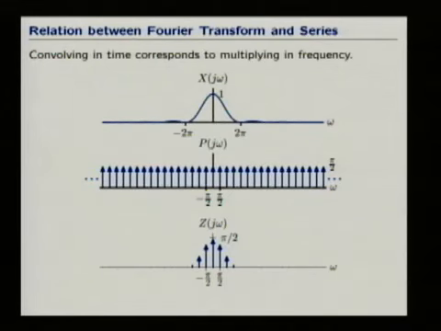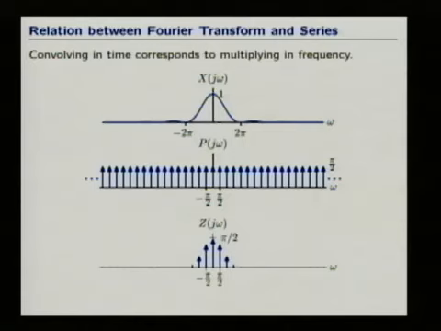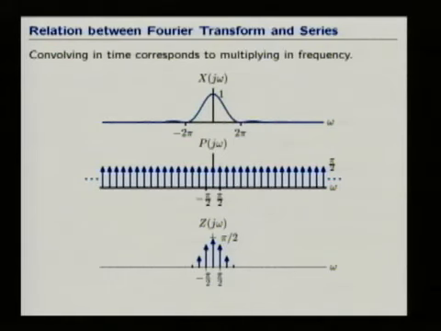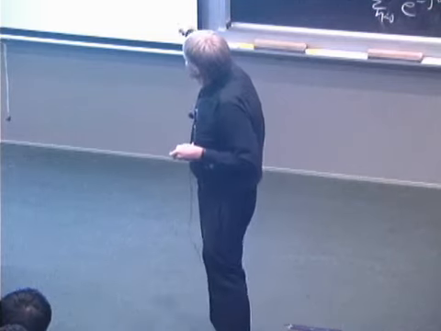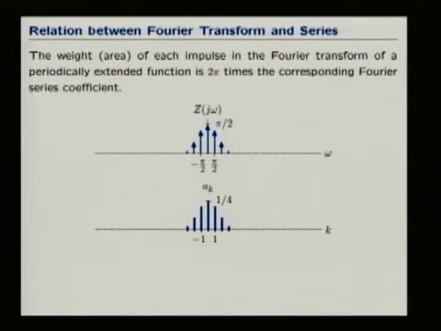What I get in the frequency representation is samples, the samples being controlled by how long the periodic extension was. Instead of getting all of these, I just get uniformly spaced samples separated by pi over 2. So the effect of the periodic extension was to sample the Fourier transform of the base waveform.